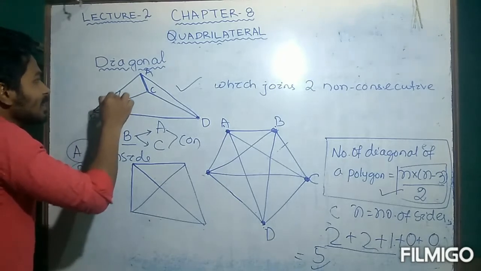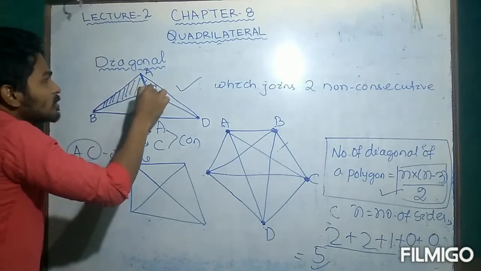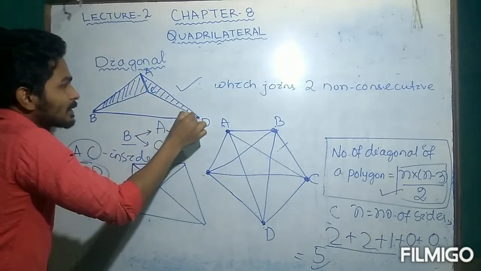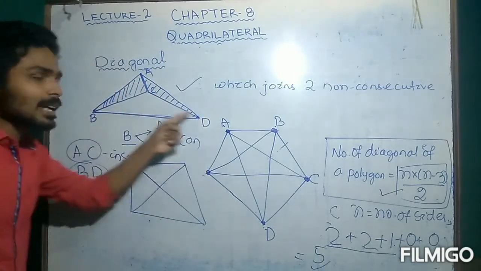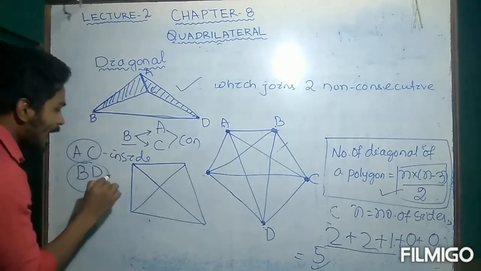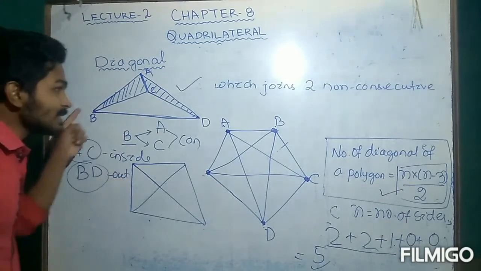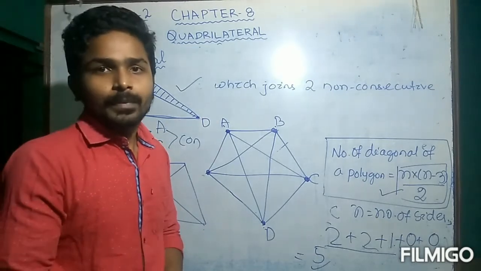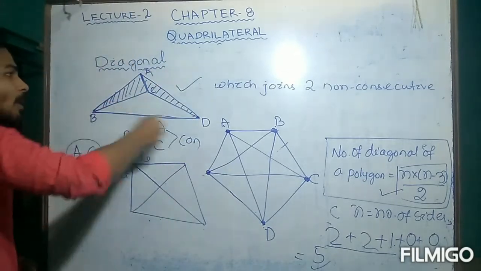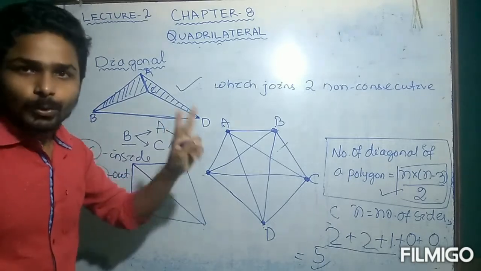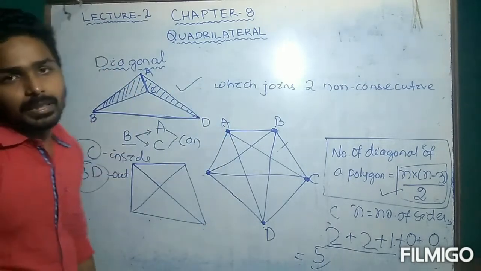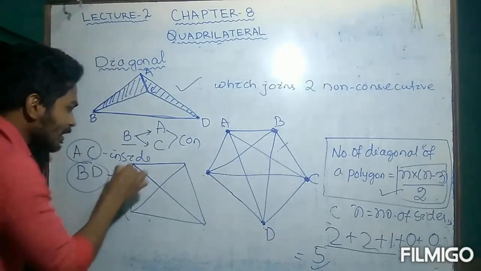If this is the enclosed space of the figure, you can see this line BD, this diagonal, lies outside this figure. Understood? So it is a type of quadrilateral in which at least one diagonal out of the two diagonals lies outside the figure.